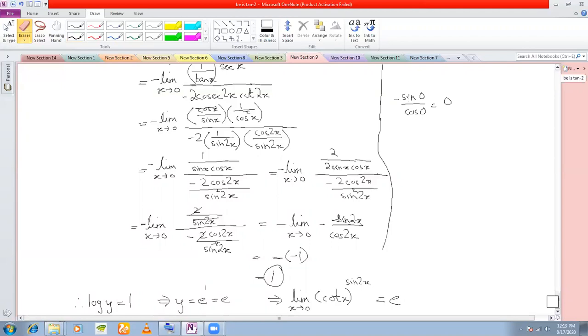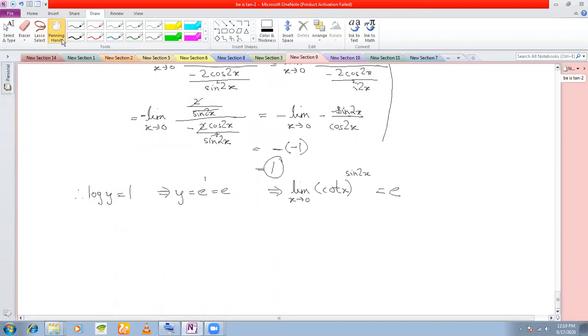So what you get here is a 0. Therefore, log y is equal to 0, and therefore y is e to the power of 0, which is 1. This is equal to 1.